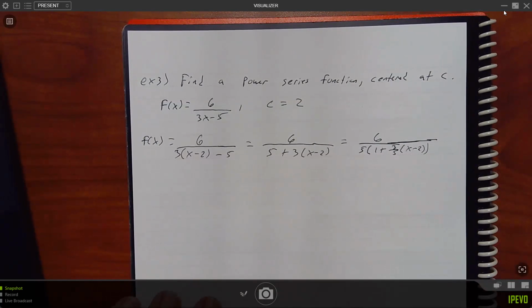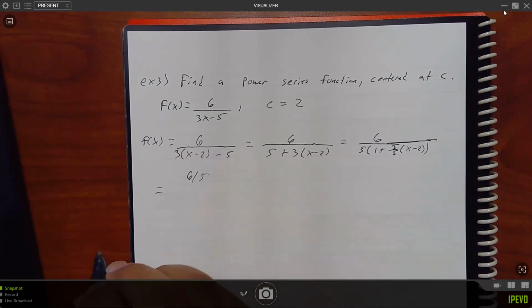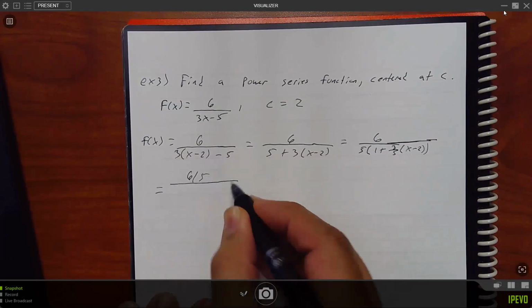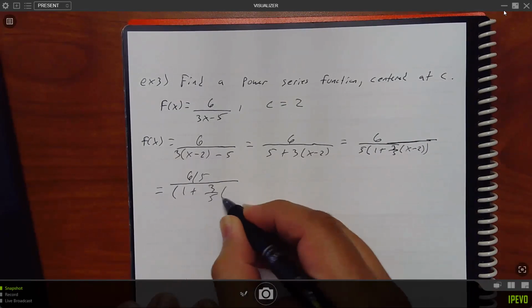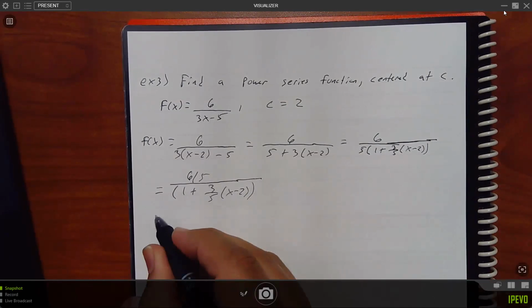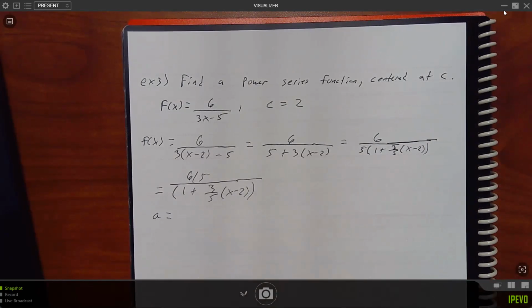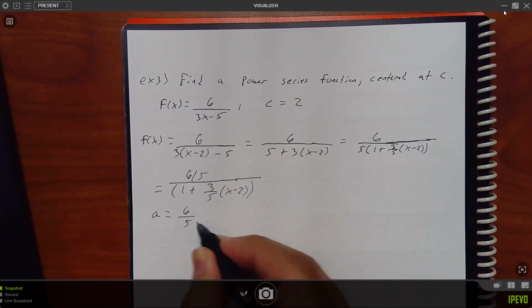Okay. So let's rewrite that a little prettier. So I got a 6/5 on top, right? Times 1 plus 3/5 times x minus 2. So what is my a? 6/5.